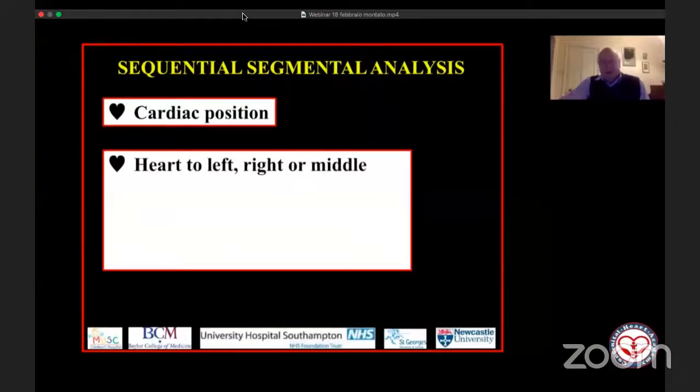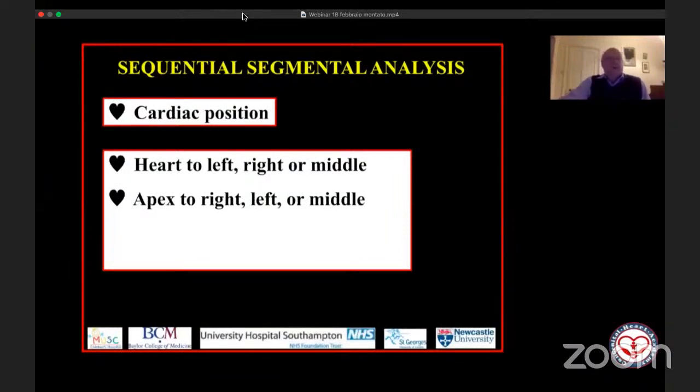So that when we describe the location of the heart, we should simply say whether it is left-sided, whether it is right-sided, or whether it is in the middle. And we should then remember that the position of the apex does not always follow the position of the heart. So to take note of this, we simply say whether the apex is pointing to the right, apex is pointing to the left, or the apex also is pointing straight down or in the middle.